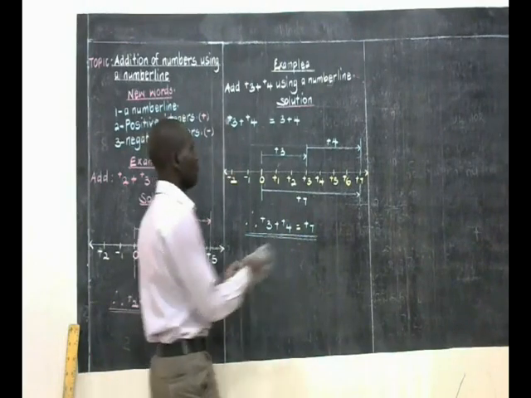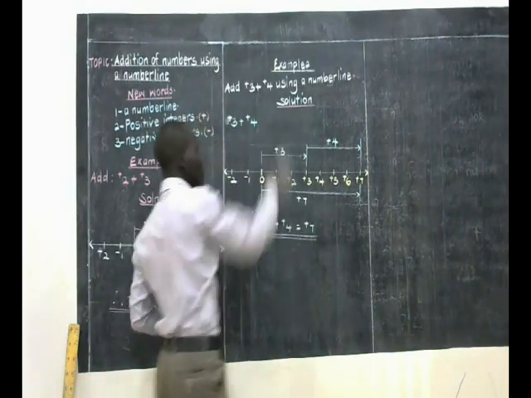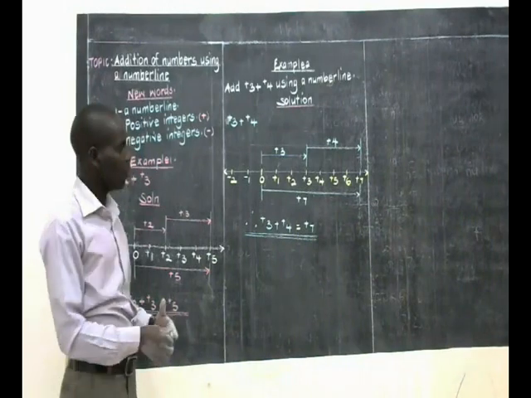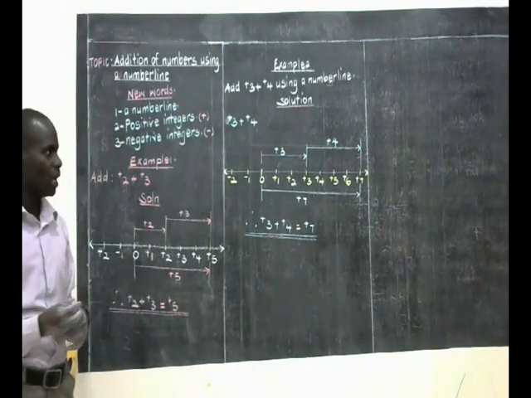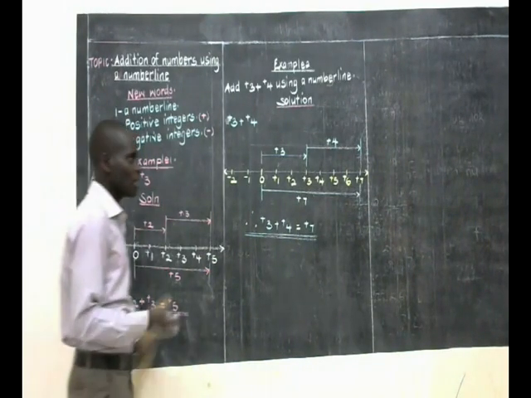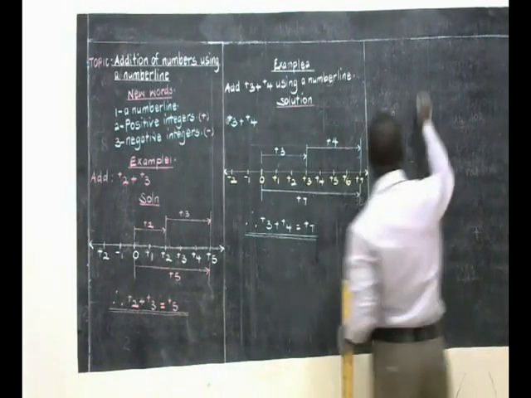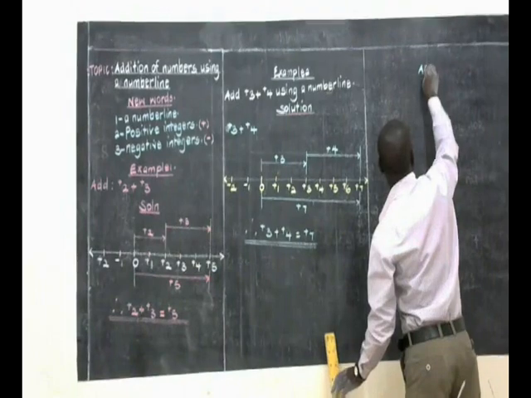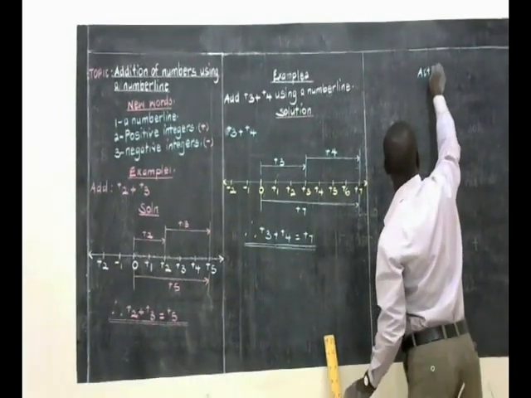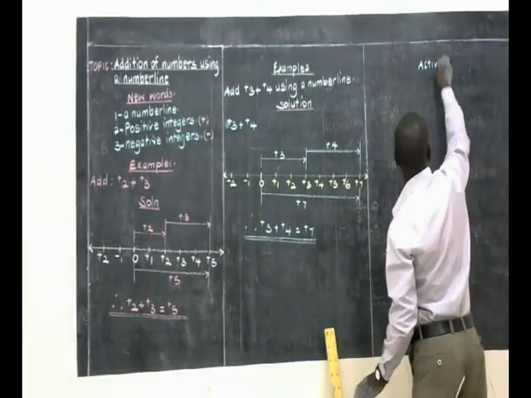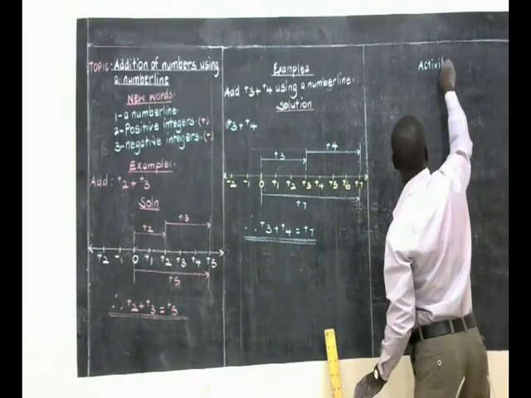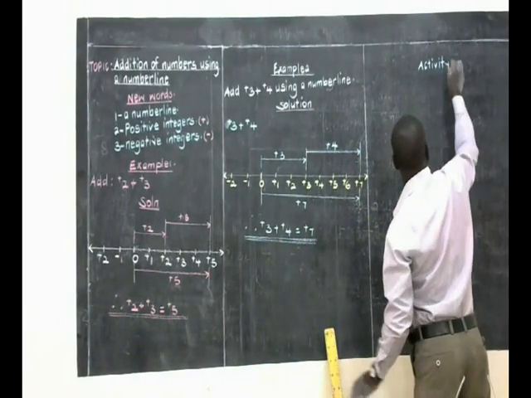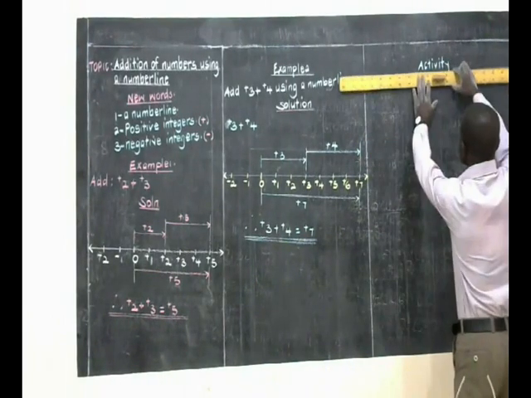I believe that through those 2 examples, we can try some numbers. Yes, we can try some numbers. Let's have activity number 1. Activity.